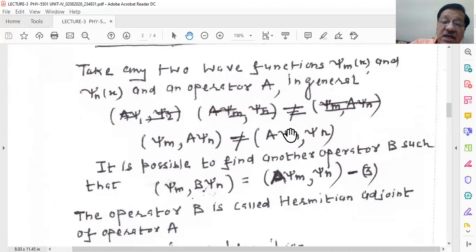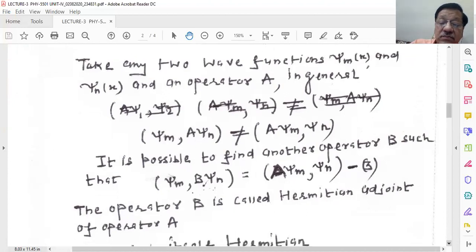So if you get the same value, then you will have this operator B. This operator B is nothing but the Hermitian adjoint of operator A.